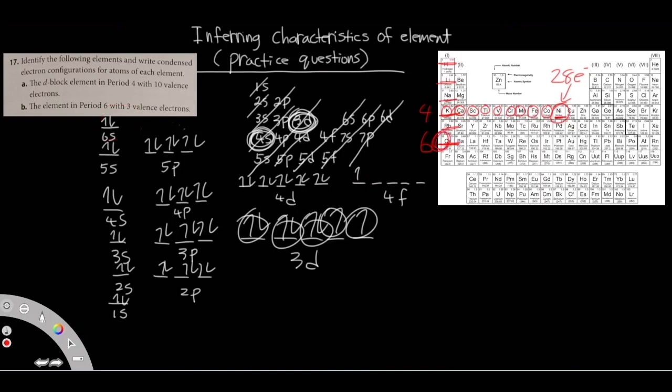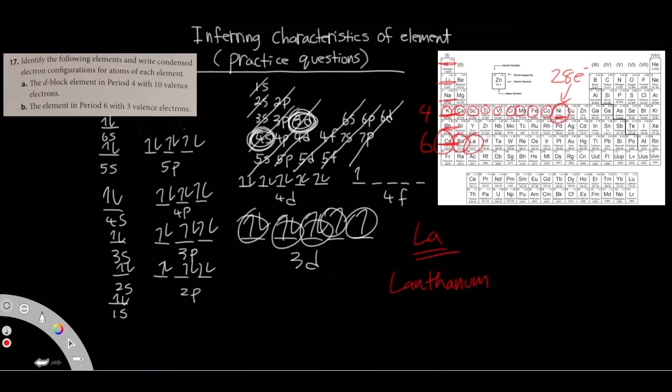So 1 electron was here, 1 electron is here. This is already finished, so where does this last electron go? It goes into the next shell. So 1, 2, 3. So La is our answer. So the answer should be lanthanum.